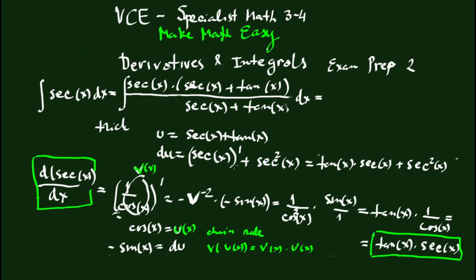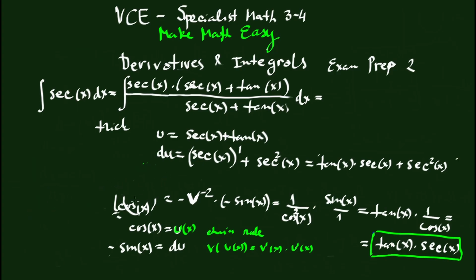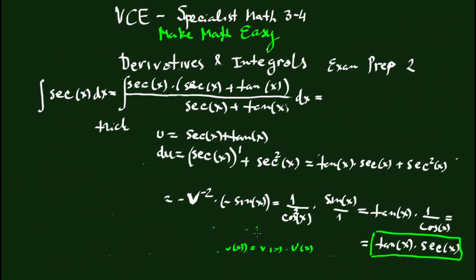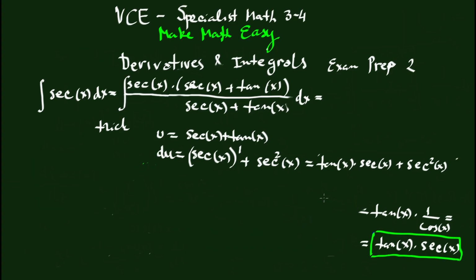So let's now delete the below. So what you saw is the chain rule for derivatives and, as you know, substitution for integrals. That's the guiding principle: the chain rule for derivatives, the substitution for integrals.